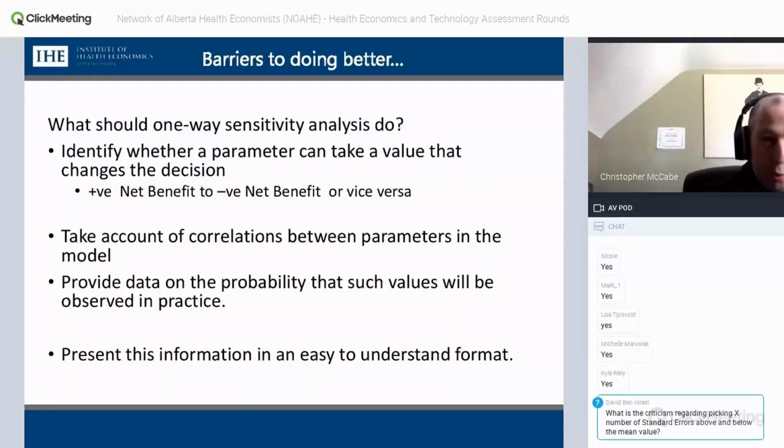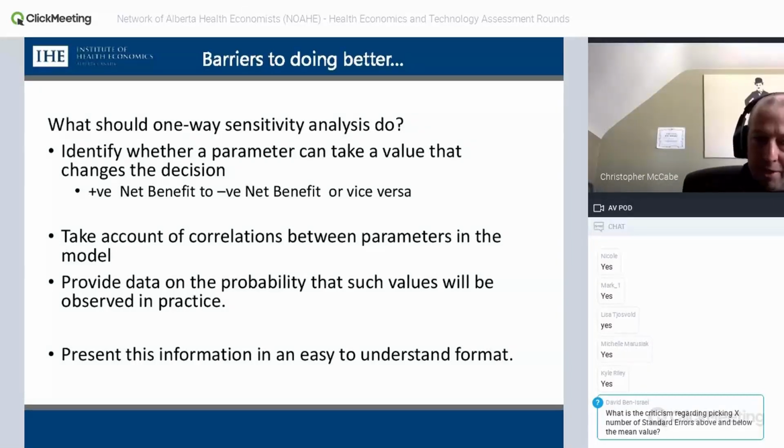It should be done in a way that takes account of correlations between parameters in the model. And so probabilistic approaches with the capturing of joint distributions is important where those correlations exist, and the sensitivity analysis should run in a way that respects and captures those.